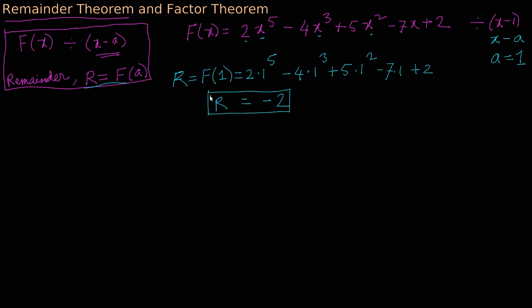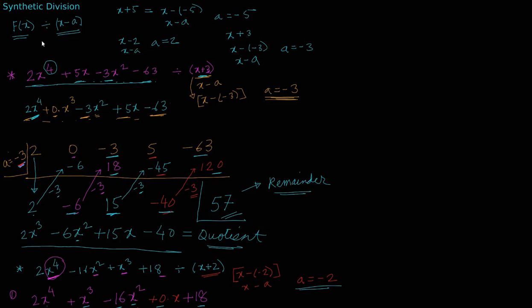Now let's do some more problems. First of all, I'm going to take you back to our synthetic division. I hope that you remember. I have a function of x, and I divided that function of x by x plus 3.